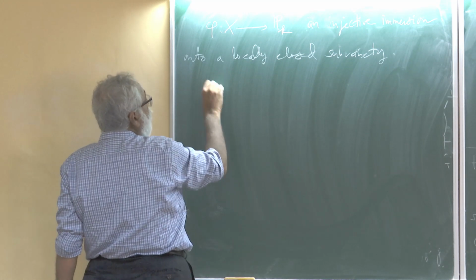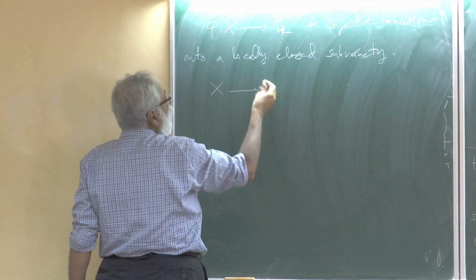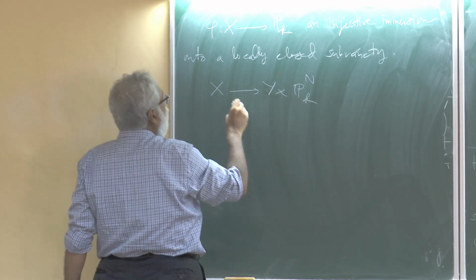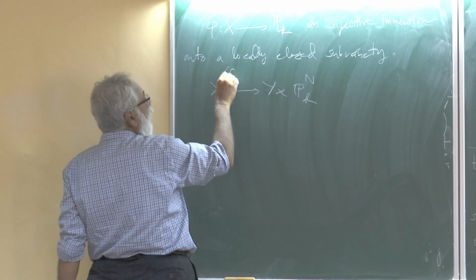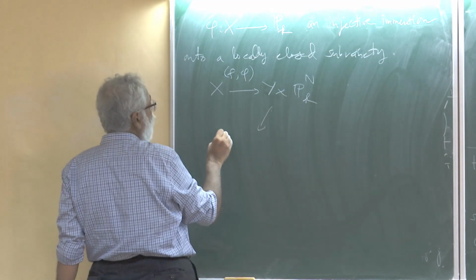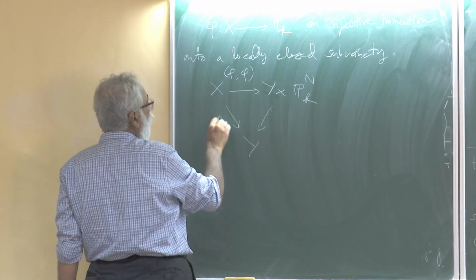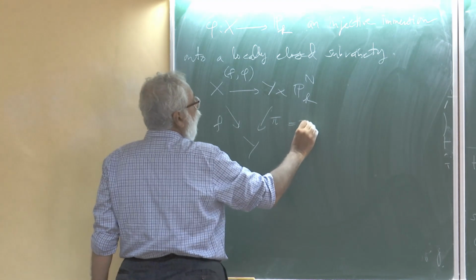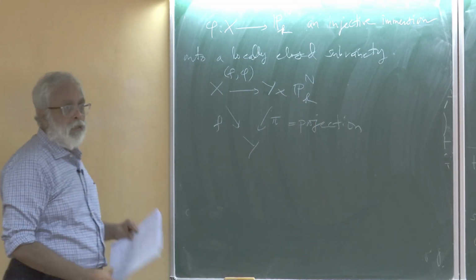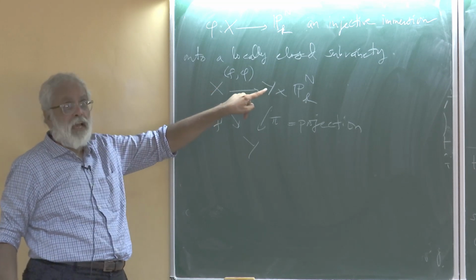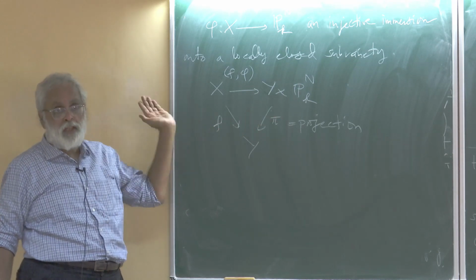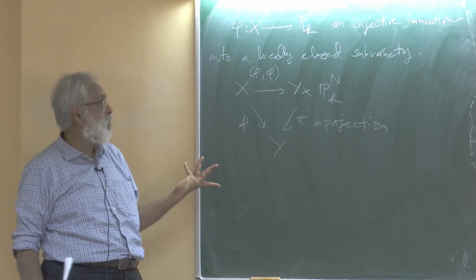Then what you can do is you can take X to Y cross P^n, which is the pair of maps (f, phi), and then obviously this diagram commutes. Right? I mean, it's just saying on the first coordinate take f, the second coordinate take phi, and then projecting means I forgot the second coordinate, so I just took the first coordinate, which is f, which I started with. That's obvious.